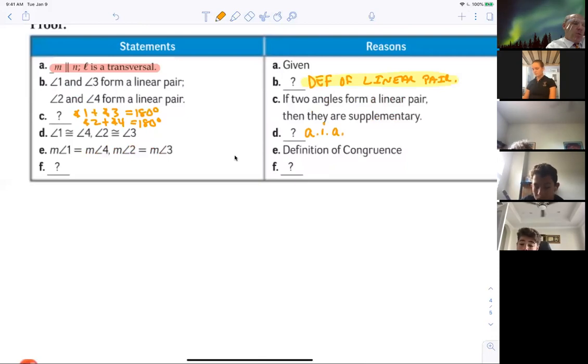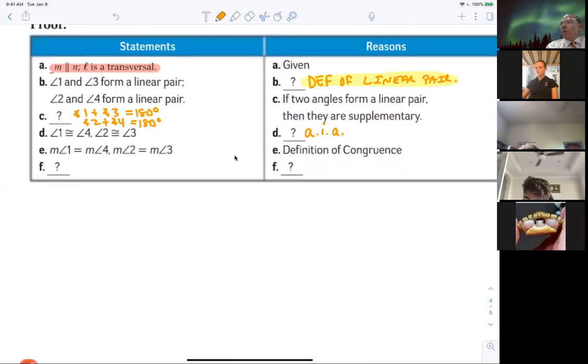Or I don't even mind you saying alternate interior angles are congruent. Does everybody see what I'm saying? Because you're not going to remember all the names or whether it's a postulate or a theorem. So a lot of times you just write down what it is that makes it true.